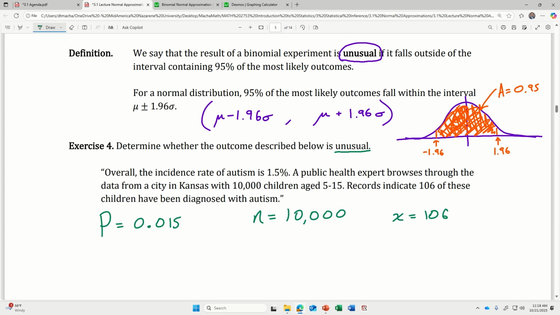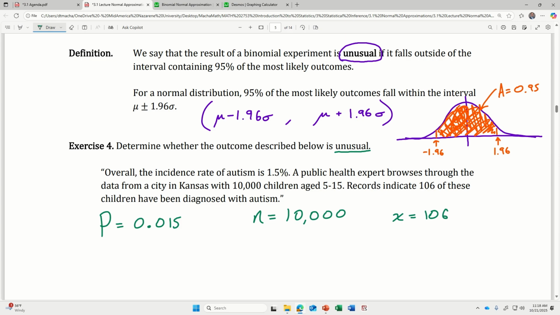But statisticians don't use the word success and failure the way that regular people do. In this case, each one of those children represents a Bernoulli trial. And when you go to find out, has the child ever been diagnosed with autism, yes, they have a diagnosis is a success in the terminology of Bernoulli trials, and no, they don't have a diagnosis is a zero, a failure in terms of the Bernoulli trial.